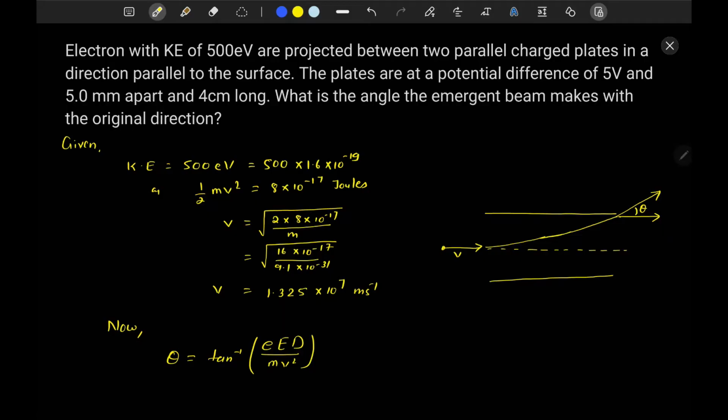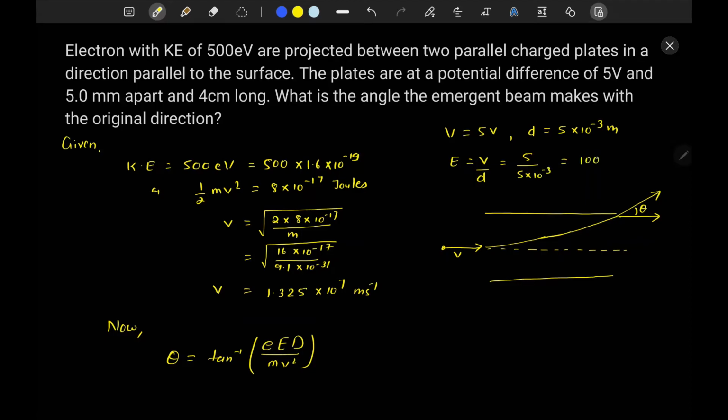And from the question, the potential difference applied is 5 volt and the separation between the two plates is 5 mm, that is 5 into 10 power minus 3 meter. So electric field will be V by d, 5 by 5 into 10 power minus 3.